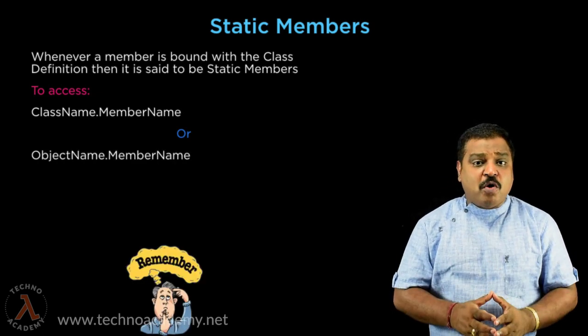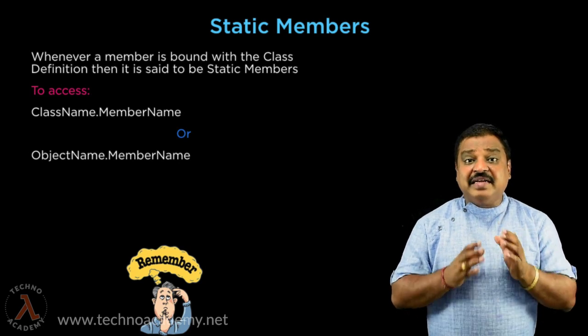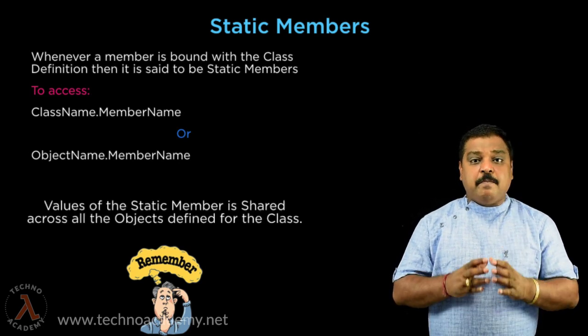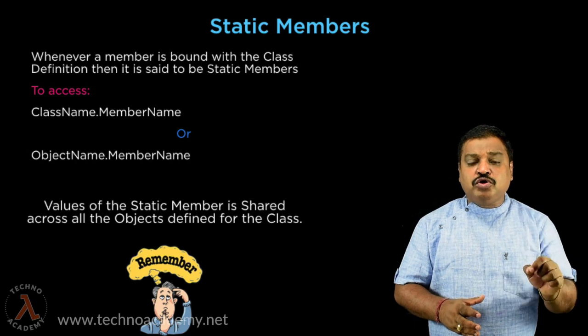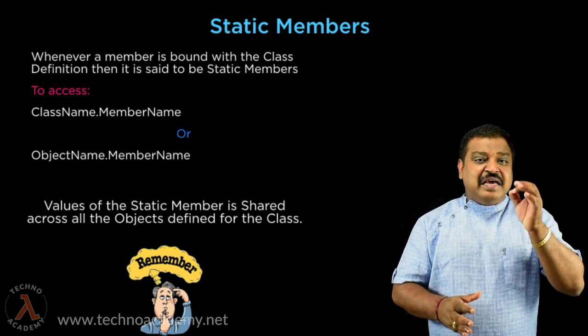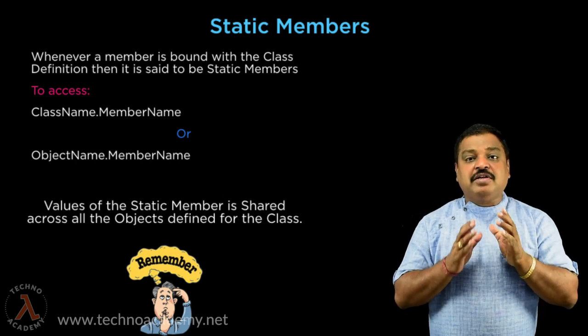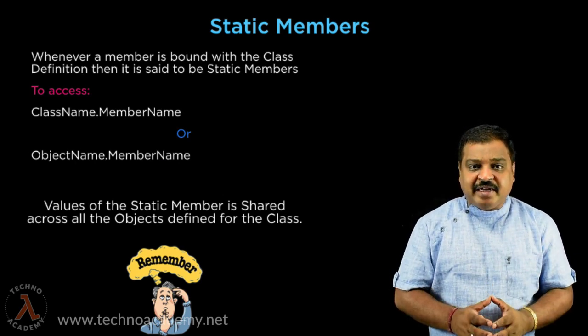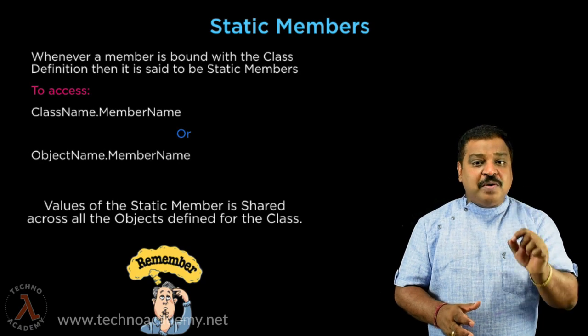One important point to remember is that the value of the static member is shared across all the objects defined for the class. Hence, irrespective of the object used to access the static member, the value remains the same.